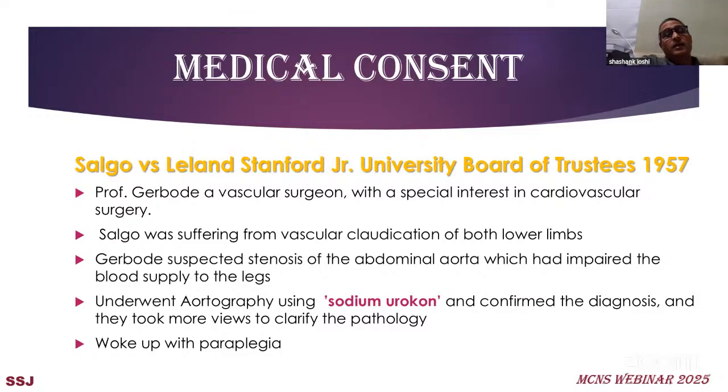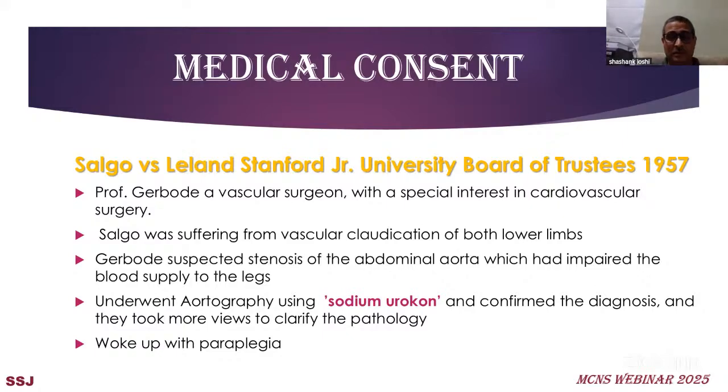Then the second case is Salgo versus Leland Stanford University, 1957, where a cardiac surgeon was seeing Mr. Salgo, who was suffering from vascular claudication, and a clinical diagnosis of stenosis of the abdominal aorta was made. The patient was taken for aortography using sodium urokon, and the diagnosis was confirmed.